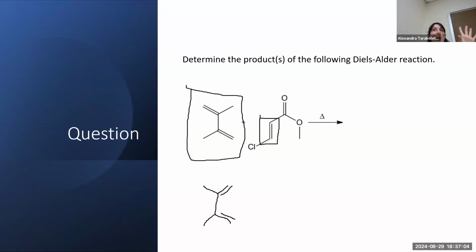I didn't say anything about that. I'm actually not going to get into the numbering of this one because it's past where we have gotten to yet. The double bond would be 2, because I would start numbering at the double bond oxygen as 1 and then over to the left as 2.